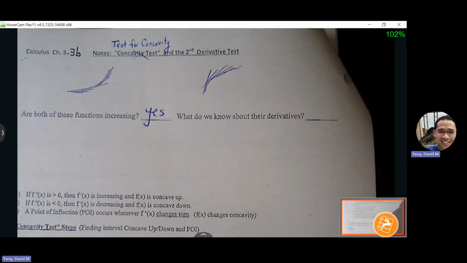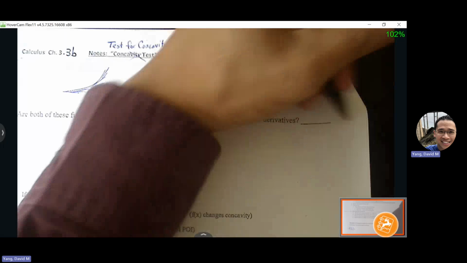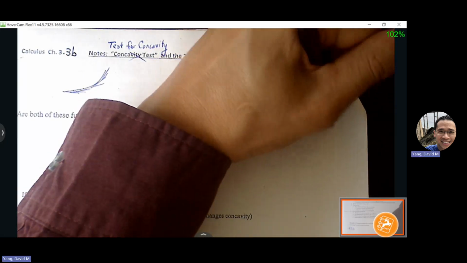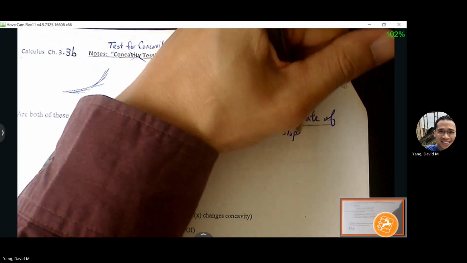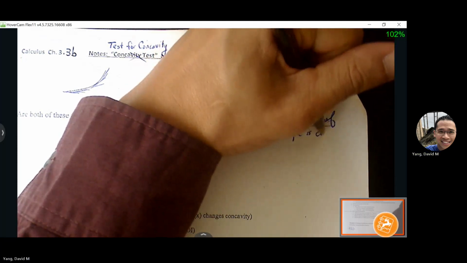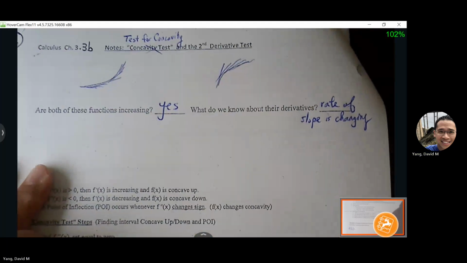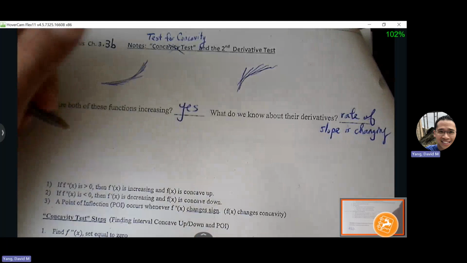We know about their derivatives. Their rate of change of slope is changing, either in one direction or the other. So we have something called concave up.